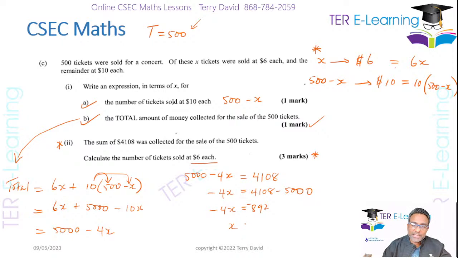Therefore X is minus 892 over minus 4, and I'm going to get 223 tickets. So that's the answer for this one, because X represents, they told you here, X tickets were sold at $6. So we're solving for X, right?